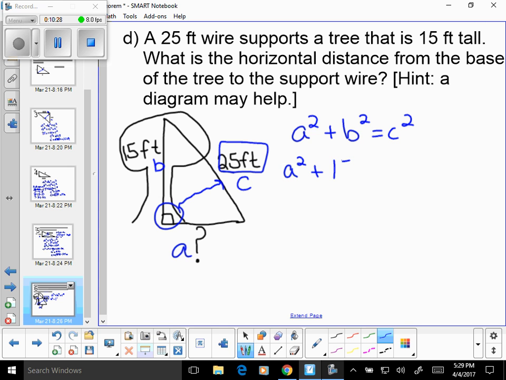B squared is 15. C squared is 25. Work out the squares. 15 squared is 225. 25 squared is 625. I need to solve for the a squared. This is an addition equation, so I'm going to subtract.